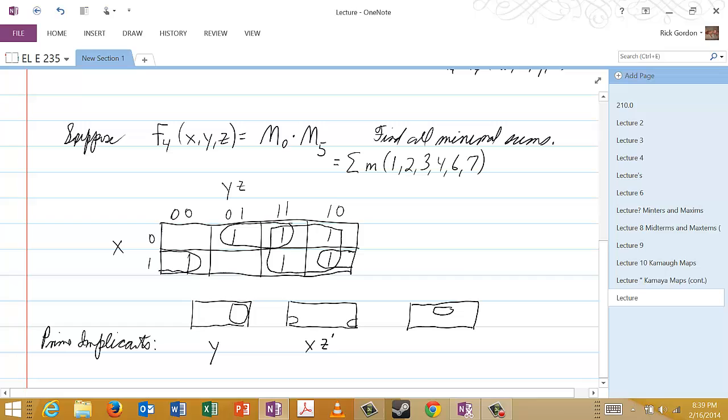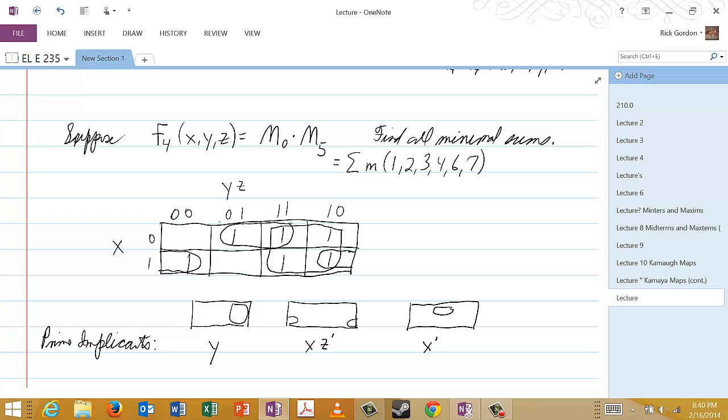And now let's try to figure out the name for that. Is X in the name? X is equal to 0 everywhere along the top row, and this prime implicant is in the top row. So yes, X will be in the name, and in fact it will be X prime since X is equal to 0. Is Y in the name of this prime implicant?